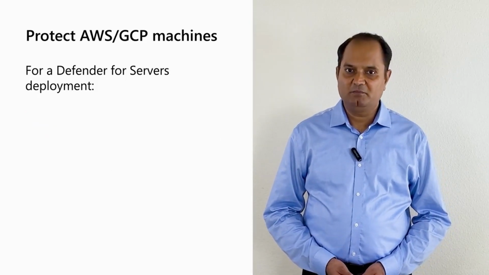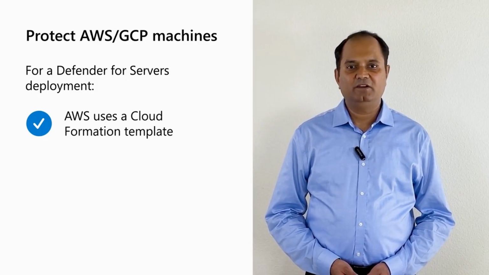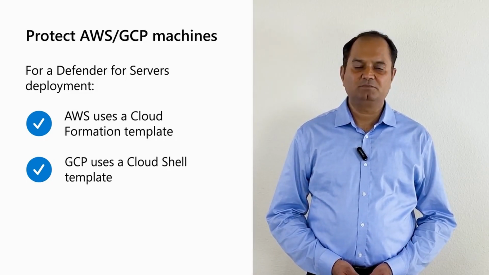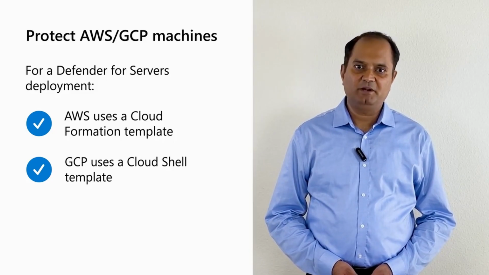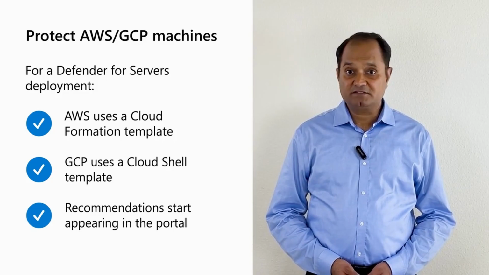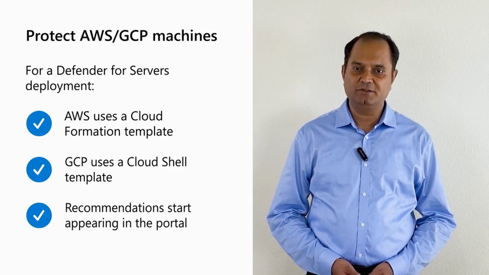For AWS deployments, you will utilize a CloudFormation template, while for GCP deployments, a Cloud Shell template will be used. These templates make the deployment process more streamlined and efficient. Once you have completed the deployment, it's important to monitor the recommendations that will appear in the portal. These recommendations will provide valuable insights and suggestions to further enhance the security of your system.